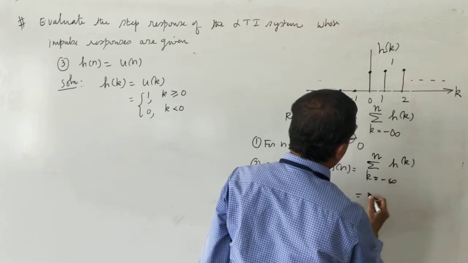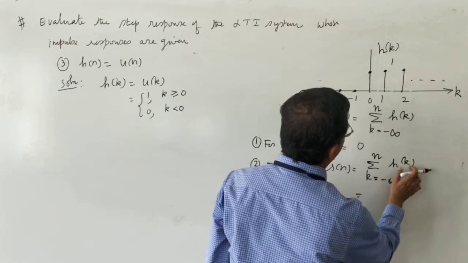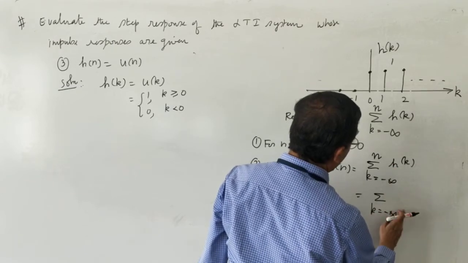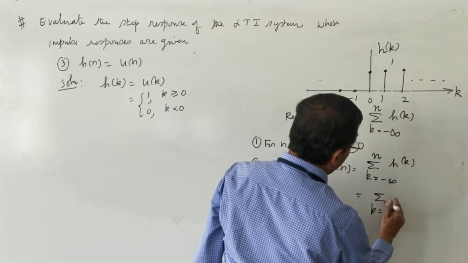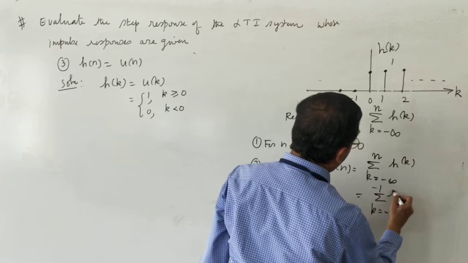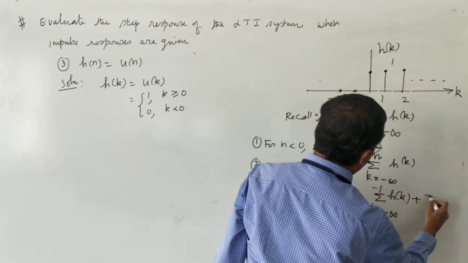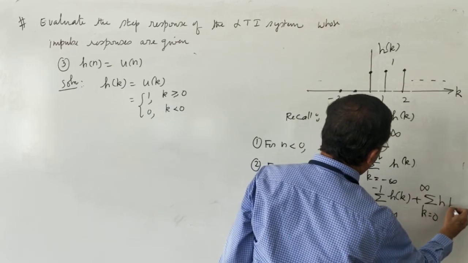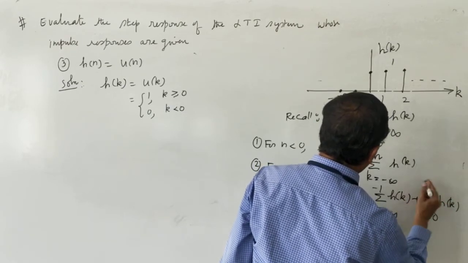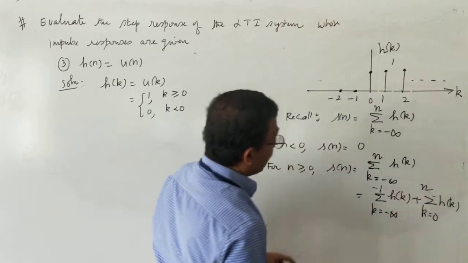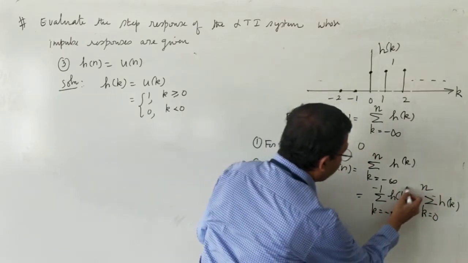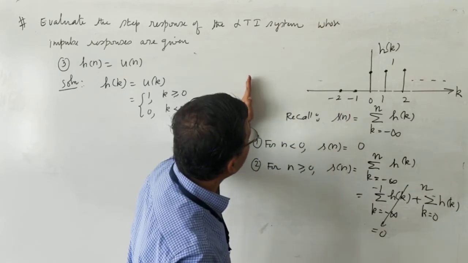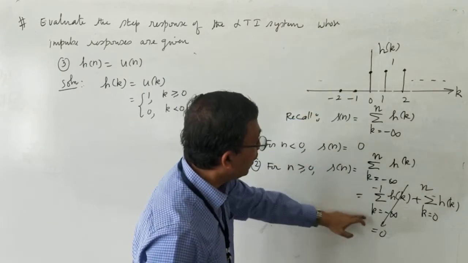Please tell me now, if you add h of k from minus infinity to n, it is the same as summation from minus infinity to minus 1 of h of k plus summation k equals 0 to n of h of k. First summation is obviously 0. Why is it 0? Because when you add all samples from minus infinity to minus 1, the result is 0.